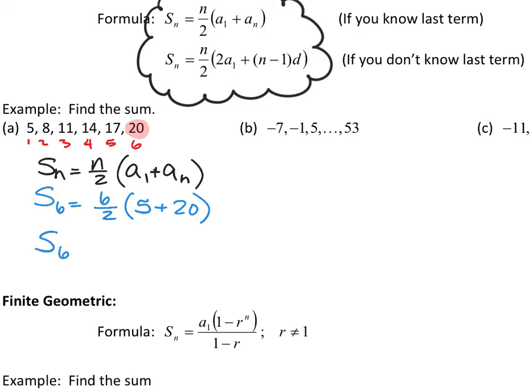So the partial sum of this series is going to be 3 times 25, which is 75. And we could double check this one, obviously, very quickly by just in our calculator or in our brain doing 5 plus 8 plus 11 plus 14 plus 17 plus 20, because that would be the sum of those series.